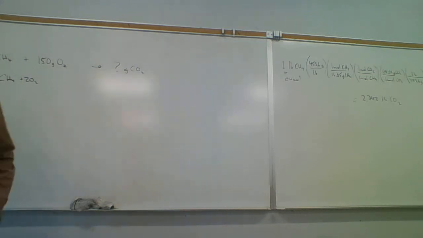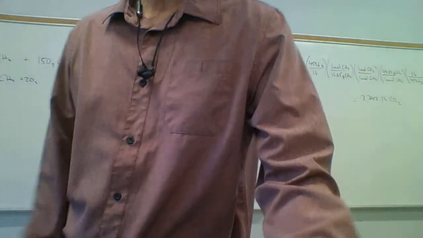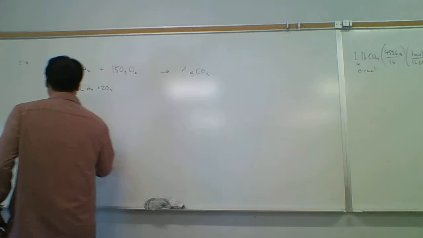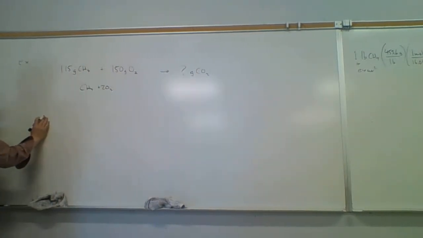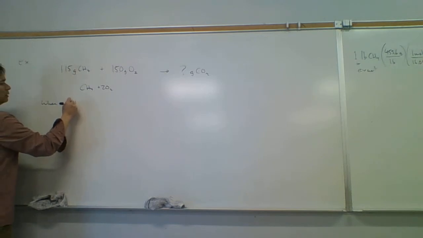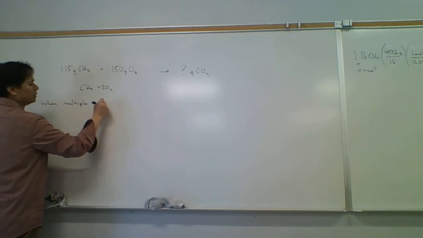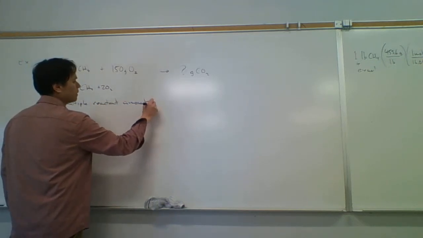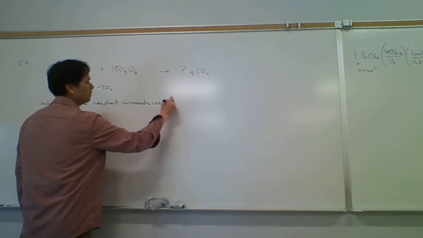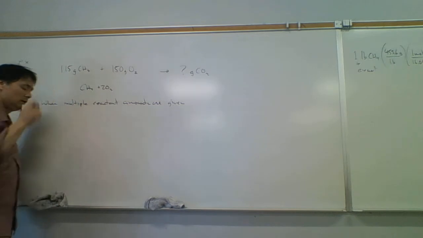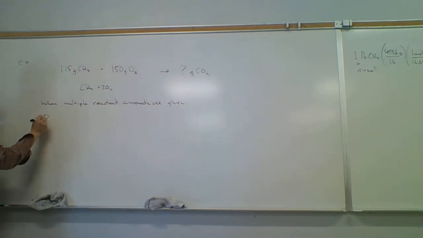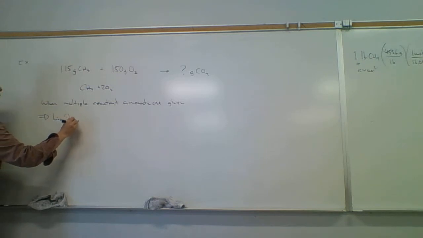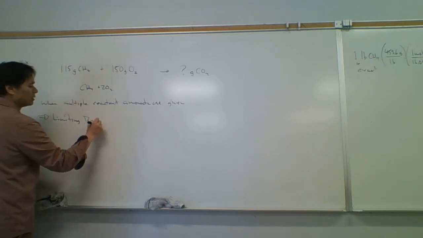Yeah. Sometimes we could see it, sometimes we can't. We don't have to see it in this case because we have a special technique. Whenever the amounts of more than one reactant are given, then this is what we classify as a limiting reactant or limiting reagent problem.